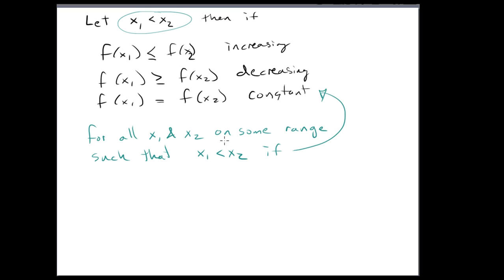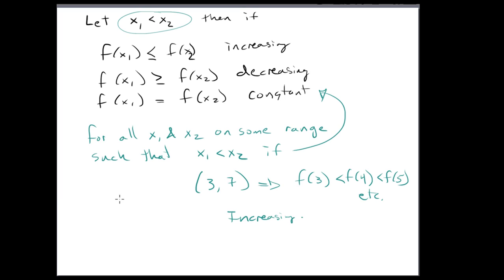We could instead specify that there's some range that these values come into play, and if x1 is less than x2 on that range, like the range 3 to 7, anytime I pick one smaller, f of 3 is less than f of 4 is less than f of 5, etc. That's increasing. Make a sequence of x's going from small to big. If the f of x's also go small to big, then you have an increasing function. But visually, downright simple. Does it point up, does it point down?